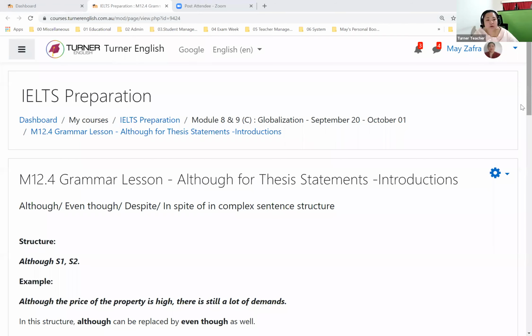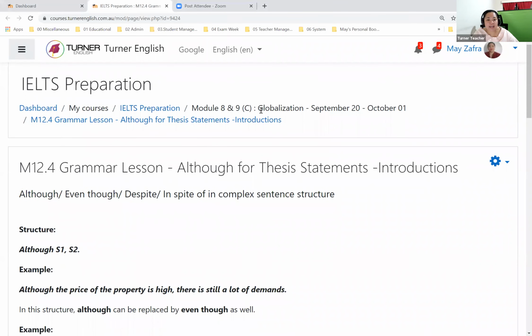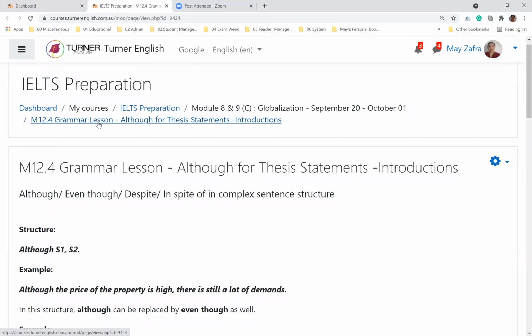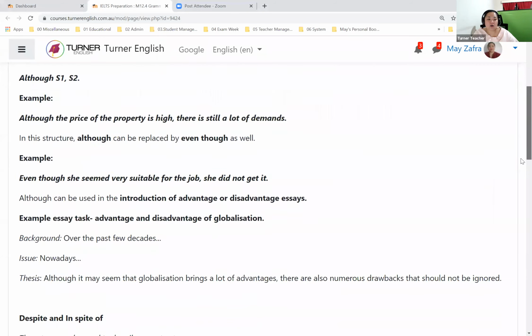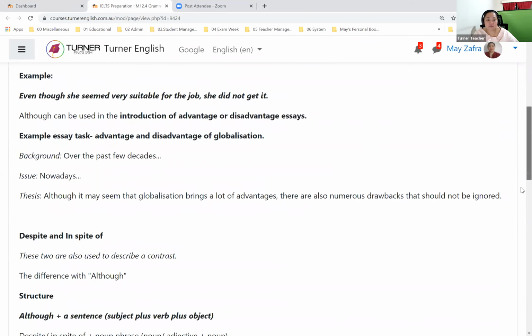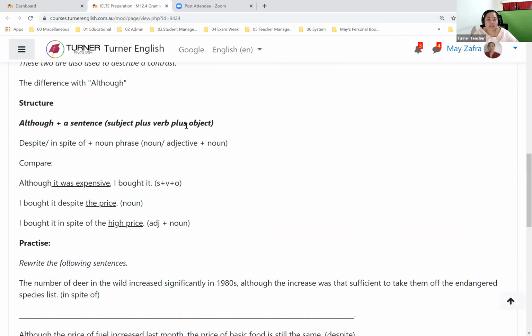These are there. So you just have to go to module 8 and 9. Okay. And then grammar lesson. Okay. Yeah, so it's there, all of this, see? Yeah. Okay. Although a sentence, yeah. Despite, noun phrase. Okay, yeah, just that. I'm all right for that. Okay, thank you. No worries.